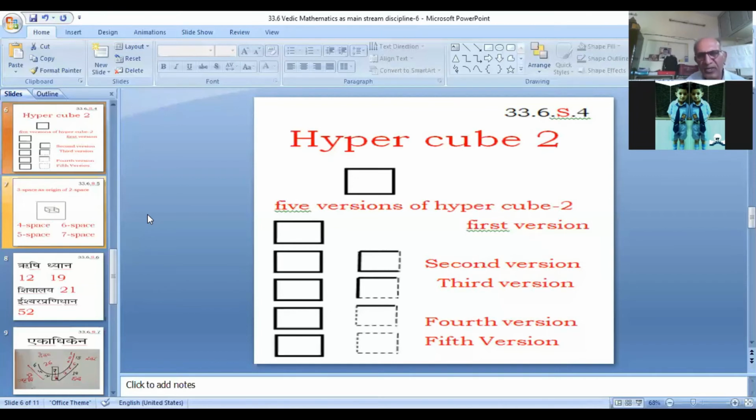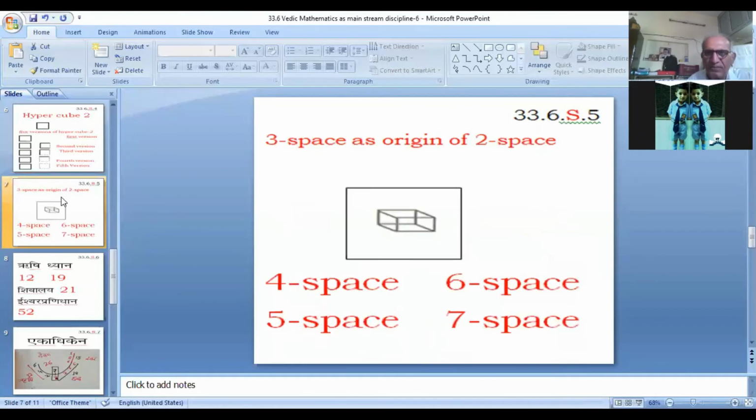It is this reach up till the fifth letter which will help us appreciate that the two space has 3 space in the role of an origin.